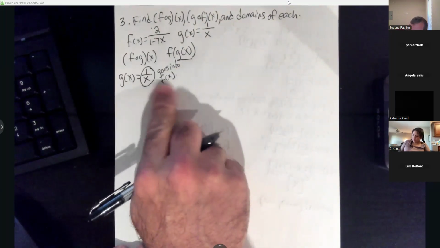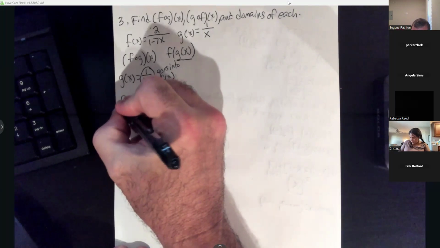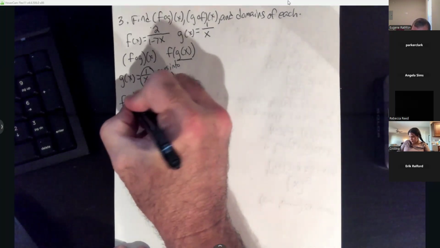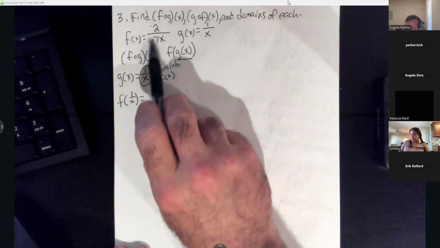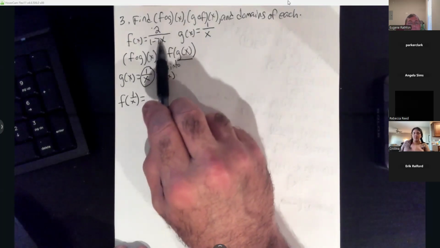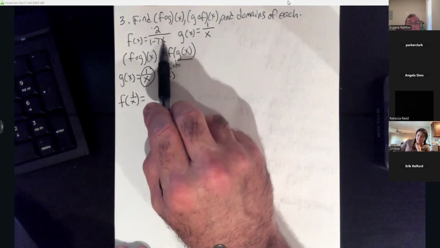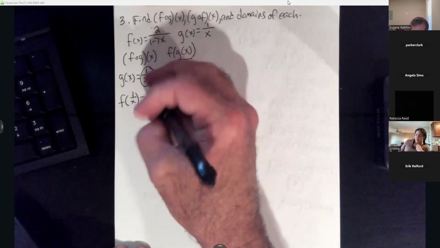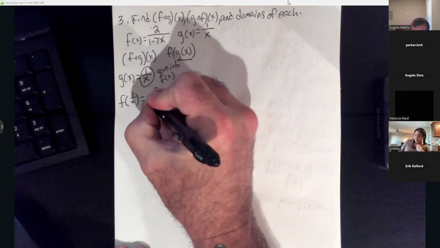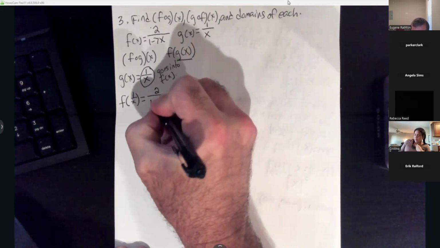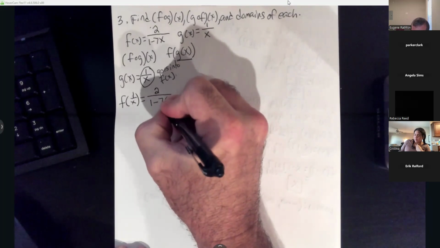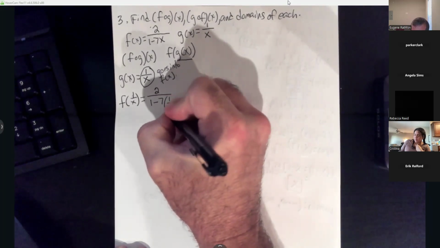So since this whole thing goes into f of x, we're going to be finding f of 1 divided by x. So I'm going to take this f function and replace that x with a 1 over x. So that's going to give me 2 divided by 1 minus 7 times 1 over x.